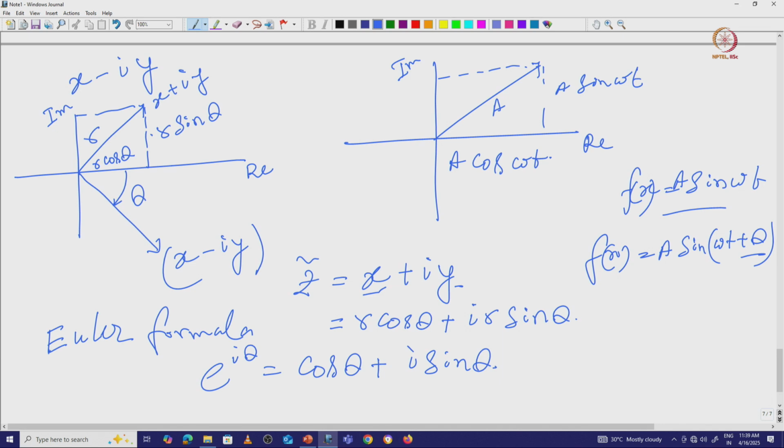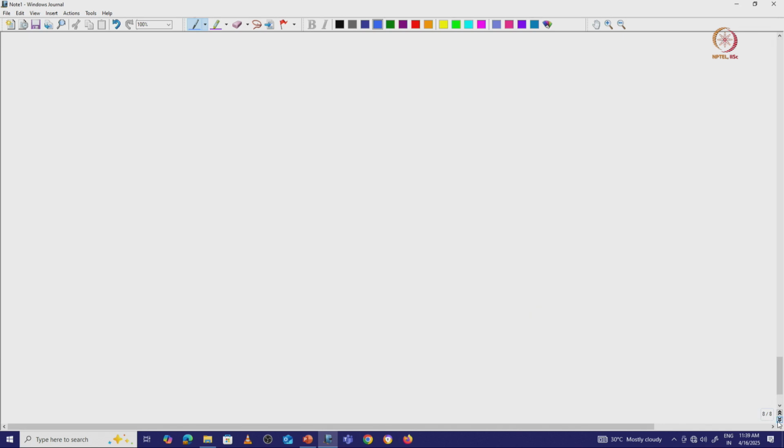The other part is also true: e to the power minus I theta equals cos theta minus I sin theta, right.